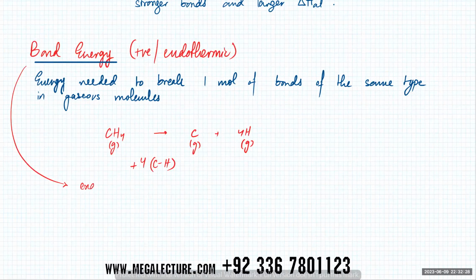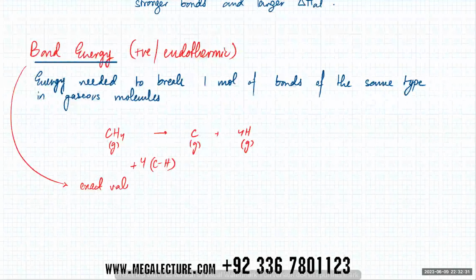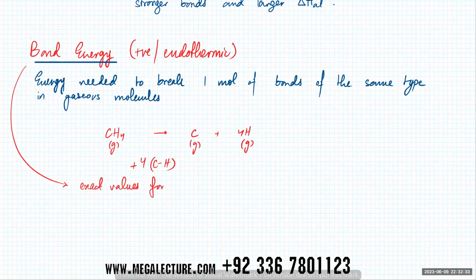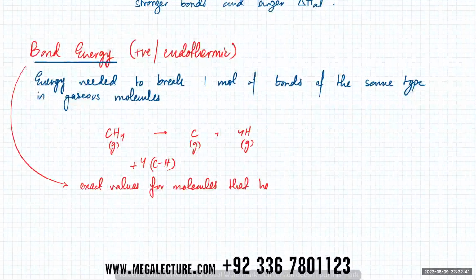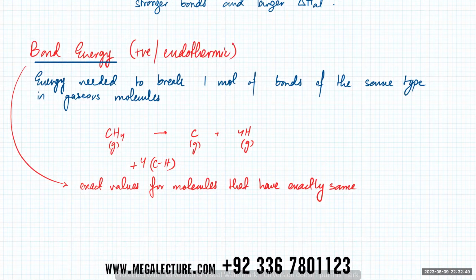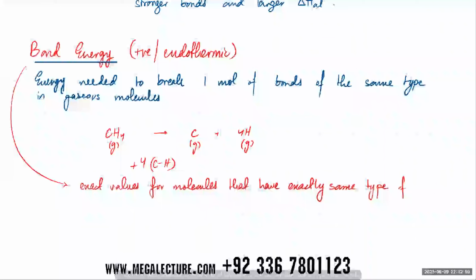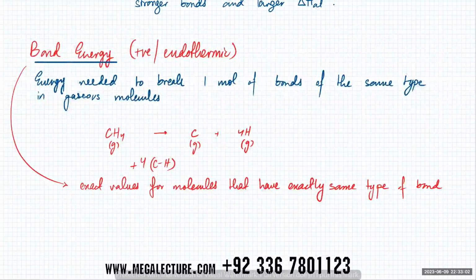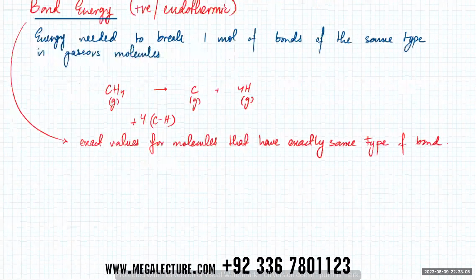You get exact values for molecules that have exactly the same type of bond, or that have just one bond.